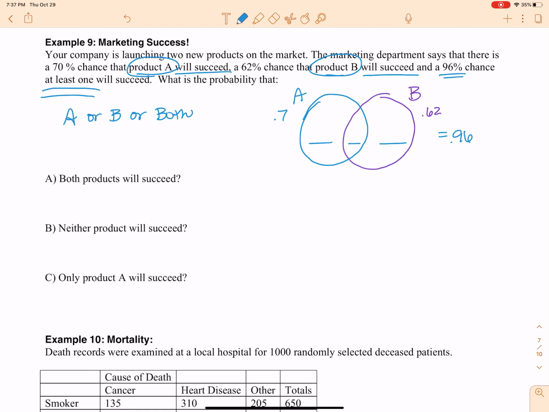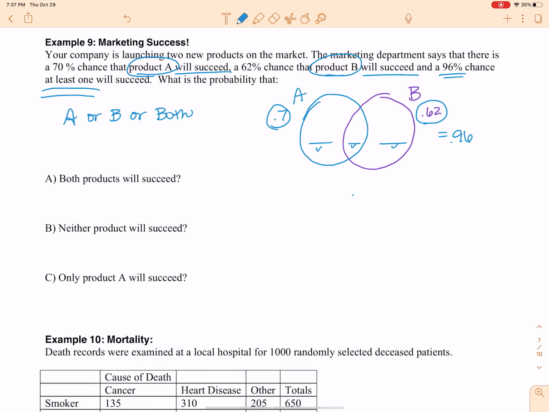Okay, so now we need to figure some stuff out. How are we going to do this? Well, I know that each of these values adds to give me 0.96. But what a lot of students want to do, they want to add 0.7 and 0.62 and call it good.